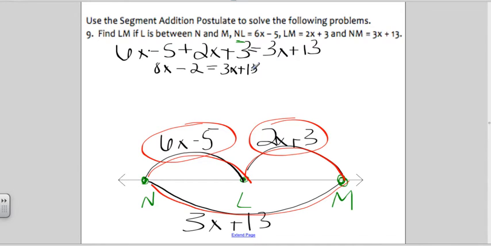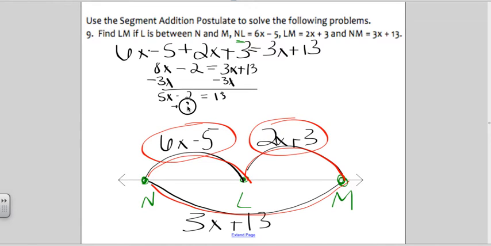Now I need to move stuff over. So I'm going to subtract 3x. Subtract 3x. So I'm going to get 5x minus 2 equals positive 13.